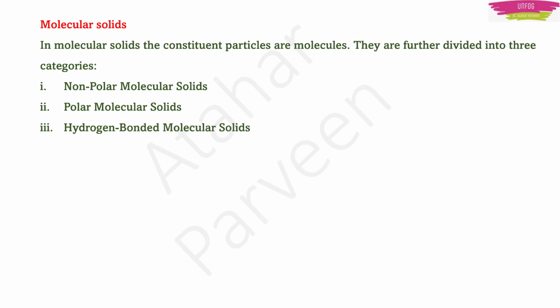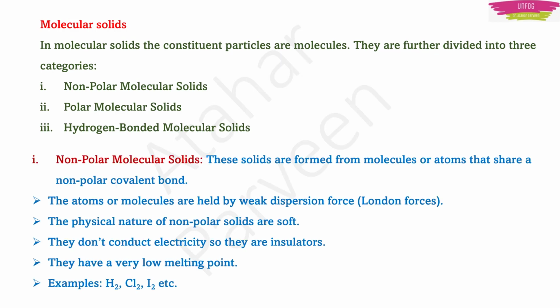These molecular solids are further divided into three categories: non-polar molecular solids, polar molecular solids, and hydrogen bonded molecular solids. Talking about non-polar molecular solids, these solids are formed from molecules or atoms which share a non-polar covalent bond, and the atoms or molecules are held by weak dispersion forces, commonly known as London forces.